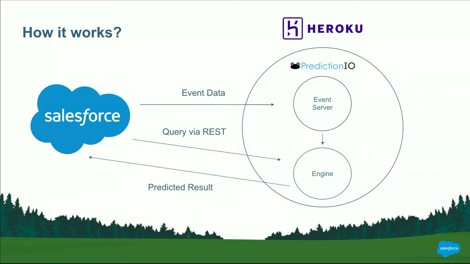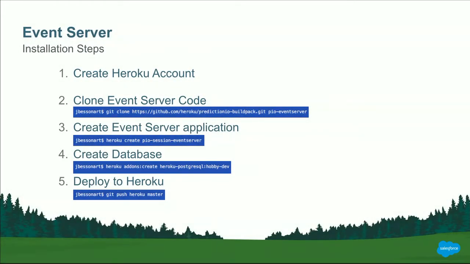Like I mentioned before, every time a user does an action, an event, in Salesforce, event data is sent to Heroku to be stored in the event server. Then the event server interacts with the engine that is feeding from that data. And then Salesforce queries for the prediction and gets the result from the engine. So that is the main flow and how it works.